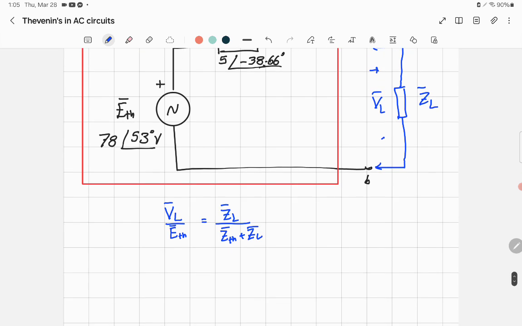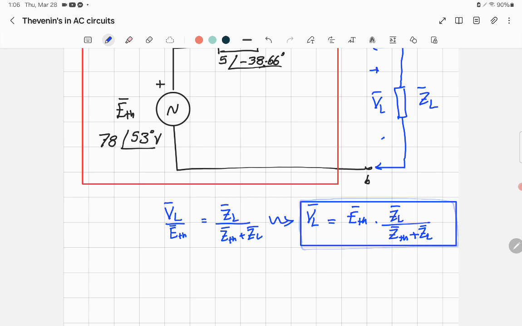That's the voltage divider rule. So from that we can say that the voltage across the load is equal to E Thevenin times ZL divided by Z Thevenin plus ZL. It's the same thing we did with DC, but you just replace R by Z, that's all.